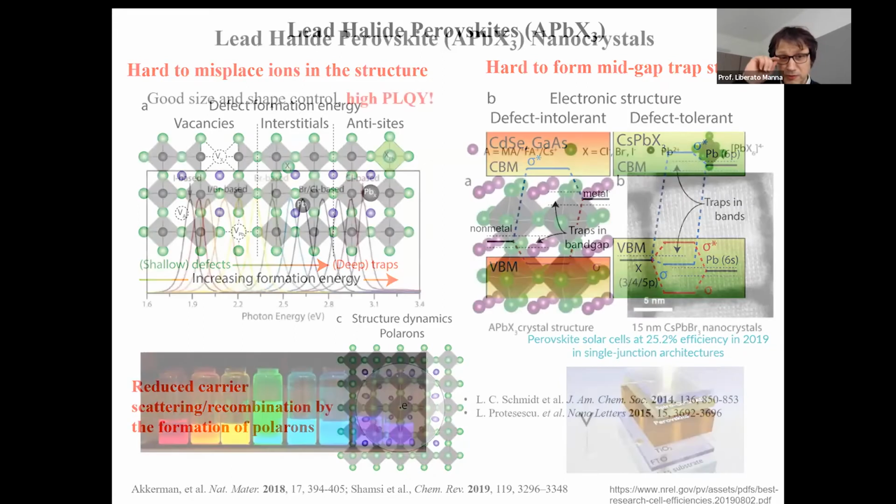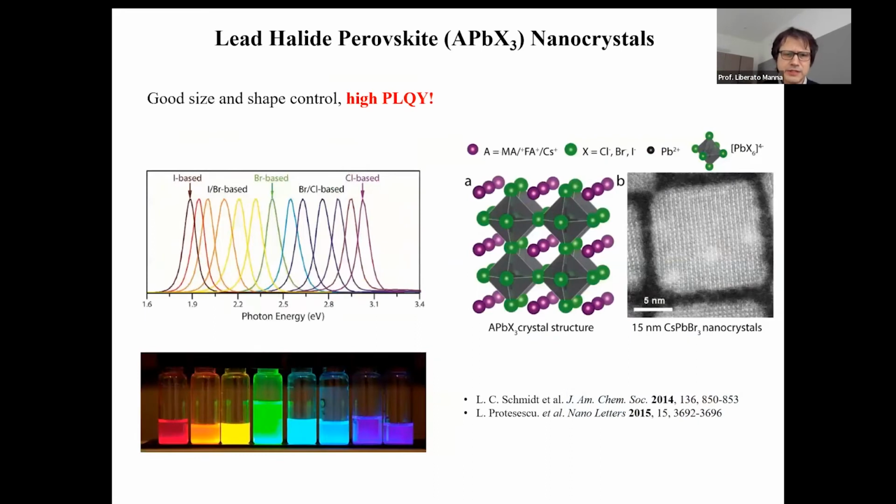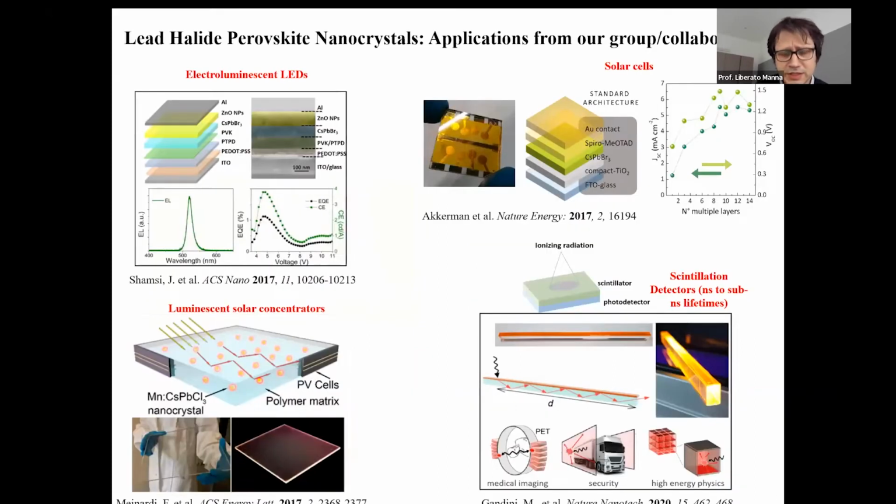Now, people have been making nanocrystals also out of perovskites, and in these materials, you can easily tune the optical properties. These are the first two works which started this field in 2014, 2015. These are the different applications that we are targeting in our group.